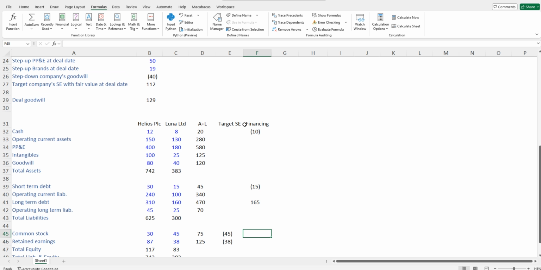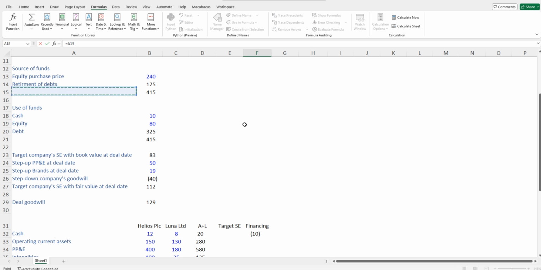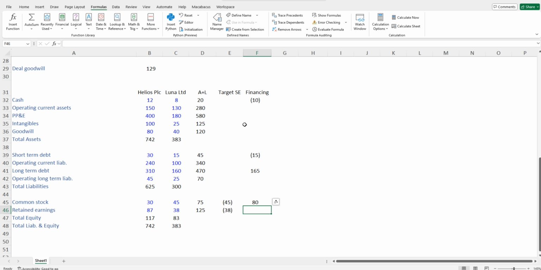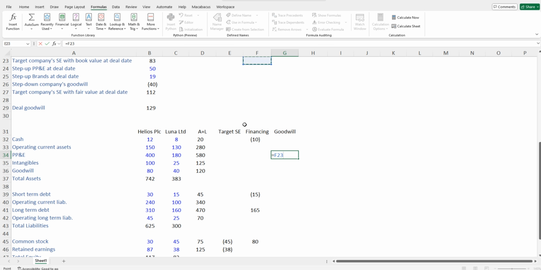Now the equity. They also issue common stock, which is the equity, for $80 million. The next step is to calculate the goodwill. We know PP&E has a step up of $50 million.